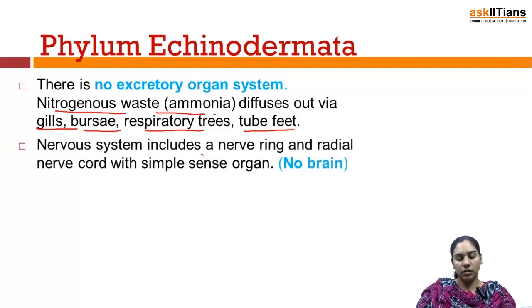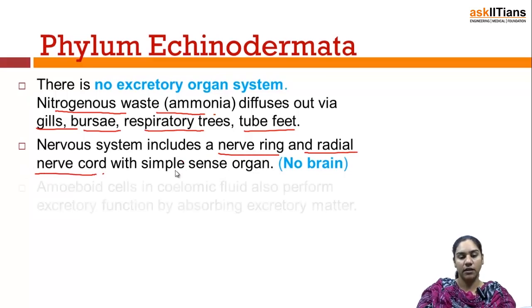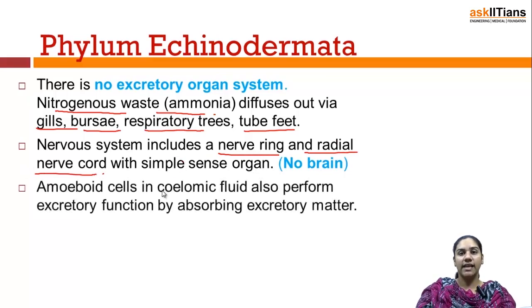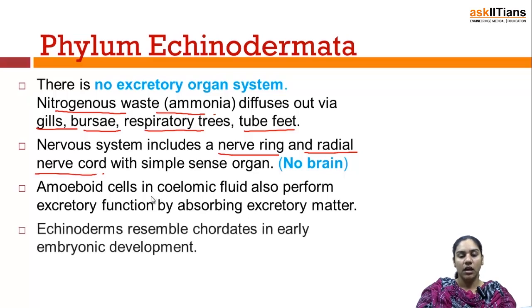The nervous system includes a nerve ring and a radial nerve cord with simple sense organs, but brain is absent. Amoeboid cells are present in the coelomic fluid, which also perform the excretory function by absorbing the excretory matter. Echinoderms resemble chordates in the early embryonic development.